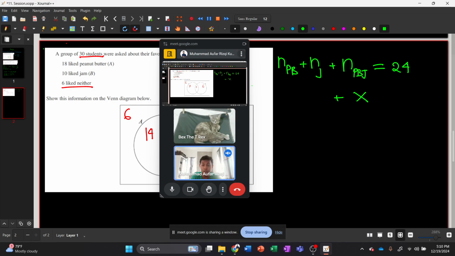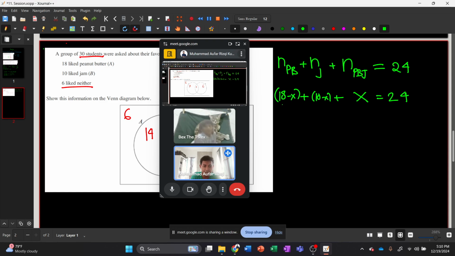If you want to know the people who like only peanut butter, it will be 18 minus x, and the same goes for the number of people who only like jam, 10 minus x. All of them has to be equal to 24.